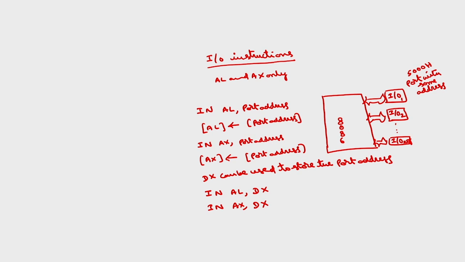Similarly, we have 4 out instructions. The IN instruction is for reading data from the port into the microprocessor. If the microprocessor wants to send data to the port, we will use the OUT instruction. OUT port address comma AL: the contents of AL will be transferred to the port address.